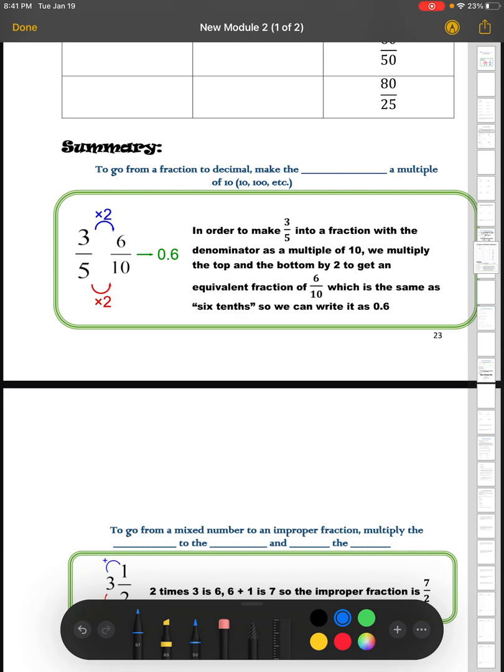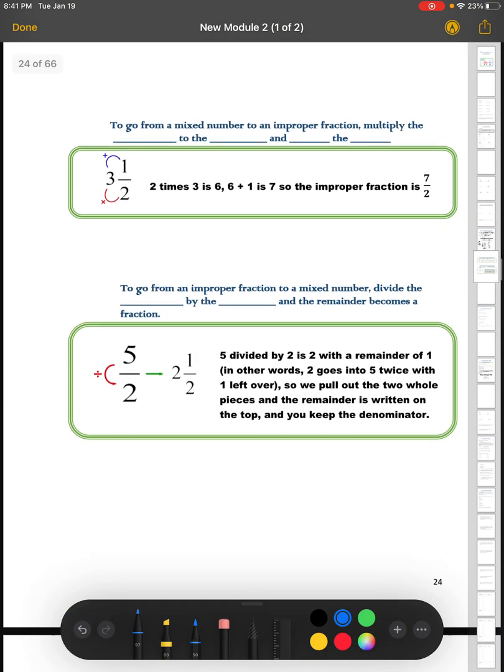It says, to go from a fraction to a decimal, make the denominator a multiple of 10, a power of 10. In order to make 3/5 into a fraction with the denominator as a multiple of 10, we multiply the top and bottom by 2 to get an equivalent fraction of 6/10, so we can write it as 0.6.